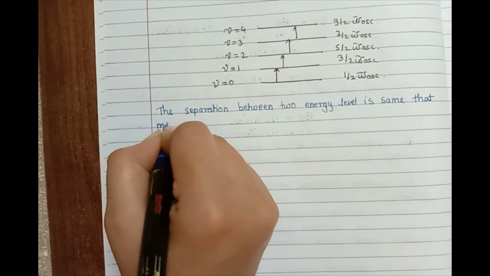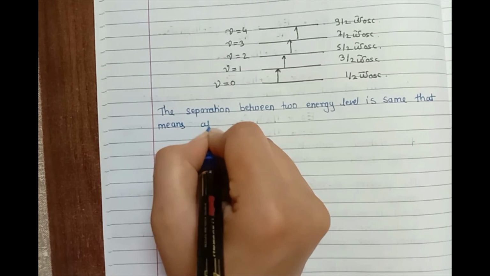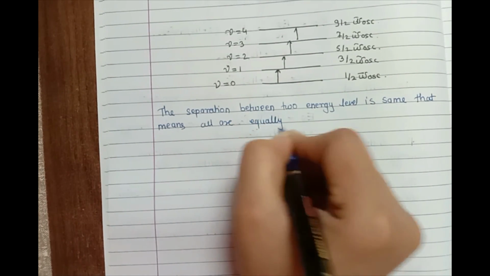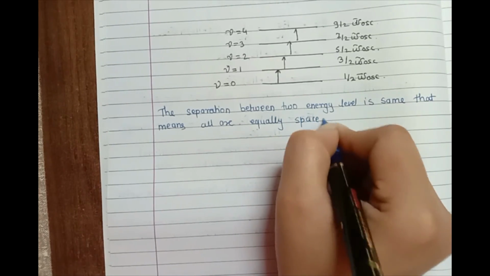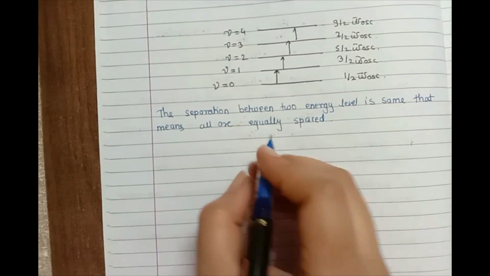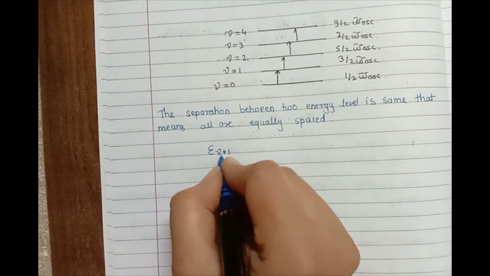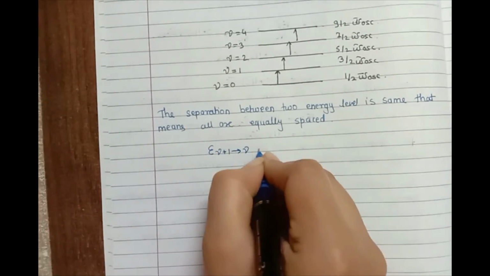That means all are equally spaced. Is it okay? So now we will calculate epsilon nu plus 1 minus epsilon nu.